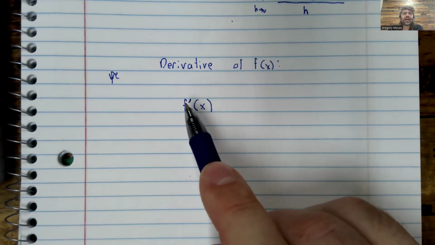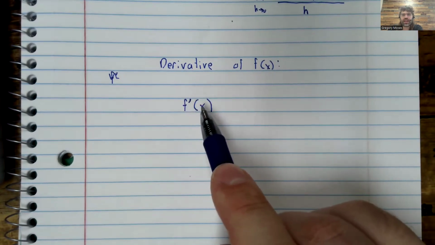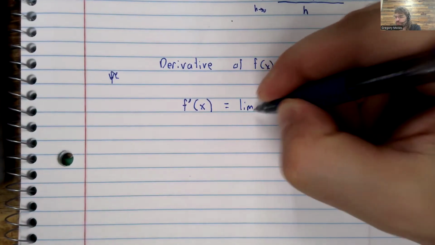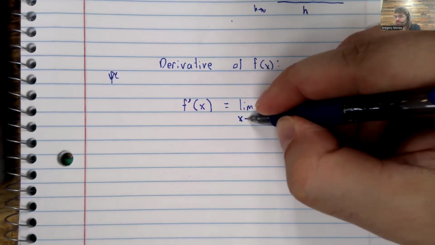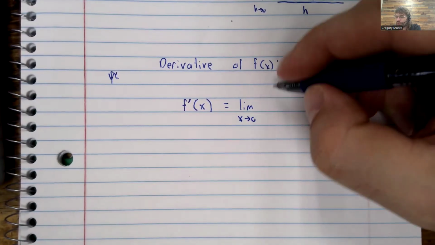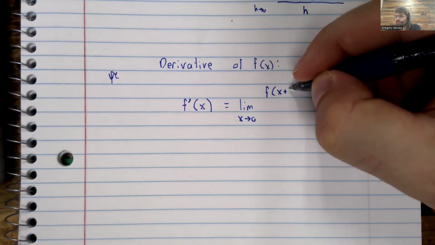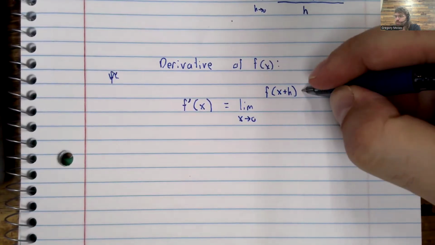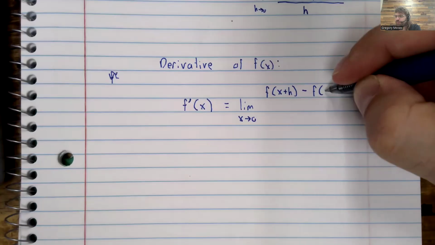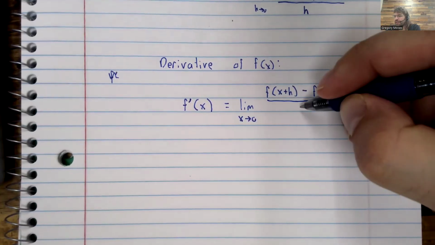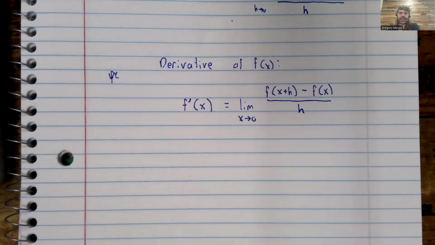We read this f prime of x equals the limit as h approaches 0 of f of x plus h minus f of x, all divided by h.